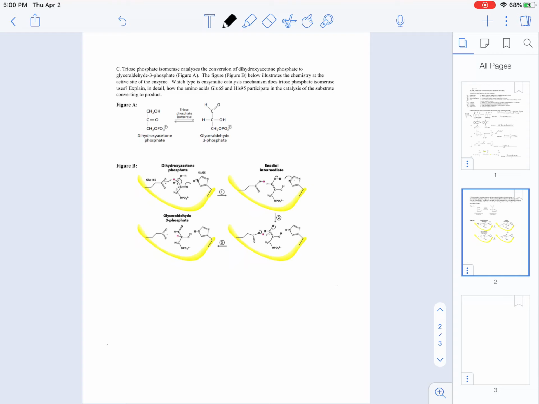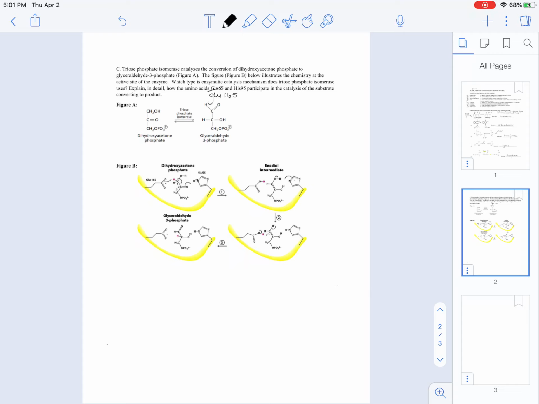You have to determine the enzyme catalysis mechanism that this isomerase uses, and you also have to explain in detail how the amino acids glutamate 165 and histidine 95 participate in the catalysis of the substrate when it is converted to product.